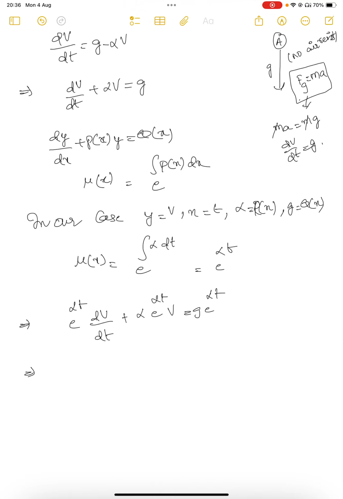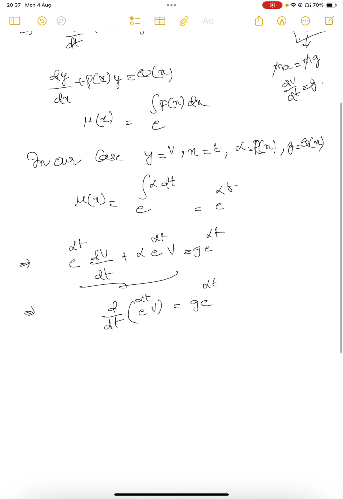As you can see, this equation can be written as d by dt of e power alpha t into v, which is equal to g into e power alpha t.